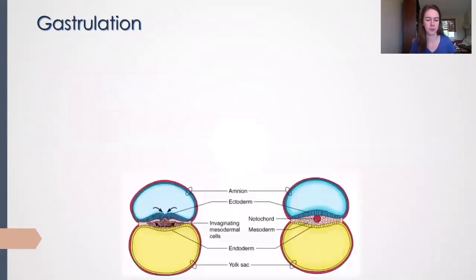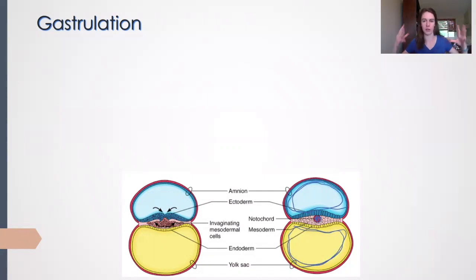So looking at this a little bit closer, that notochord formed, and then the mesoderm continued to develop on the outside of that. At this point, the placenta has still not fully developed, so we just have that amnion, which is this pocket here, and then the yolk sac, this pocket on the other side. The yolk sac will then kind of be moved aside.